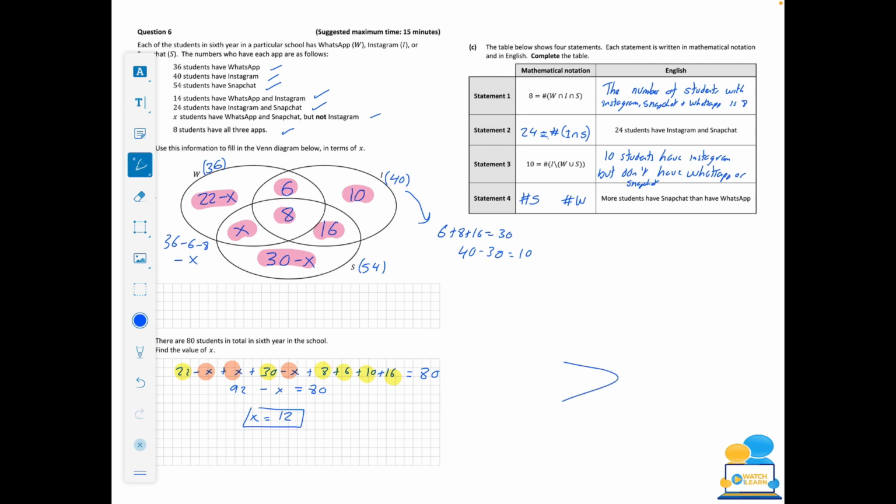So if you think of this like a crocodile's mouth, it's going to be open towards the bigger number. More students have Snapchat than WhatsApp, so the bigger number is Snapchat, so we're going to have our inequality sign like that. Okay, so that's quite a challenging question. It brings in a difficult Venn diagram, a bit of algebra, and a lot about set notation. If you could do that, really well done. If you can understand this, that is probably your chapter of sets mastered.